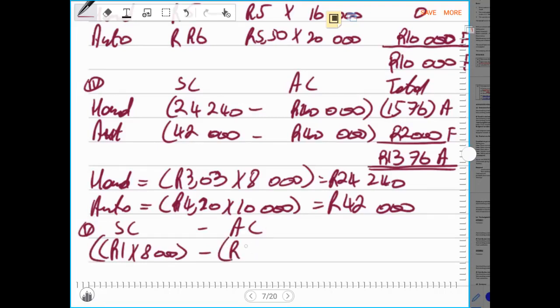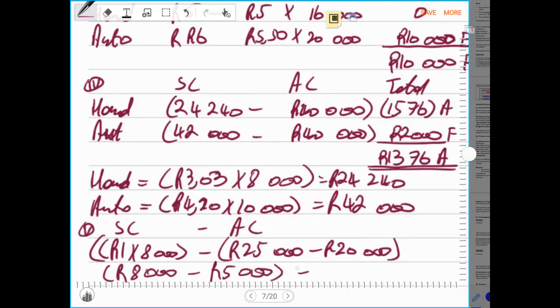Actual cost would have been 25,000 minus 20,000, meaning this will give us 8,000 rands minus 5,000 rands, and our variance will be 3,000 rands. This 3,000 rands will definitely be favorable because in actual fact our variable costs were less than we were supposed to have in standard.